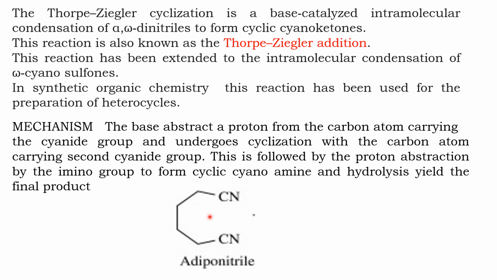This negative charge attacks this carbon atom. That means it undergoes cyclization with the carbon atom carrying the second cyanide group. Now the base abstracts a proton from the imine group, followed by protonation and hydrolysis to give the final product.